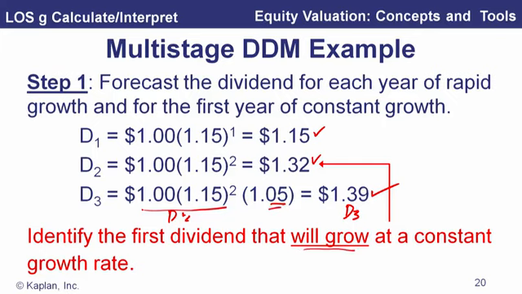Not the one that has grown at a constant rate, but this. Certainly that $1.32 is the result of 2 periods of 15% growth. But when we say what's going to happen to it in the future, we say that $1.32 is going to grow at 5% forever. And that really cuts one step out of your calculations.